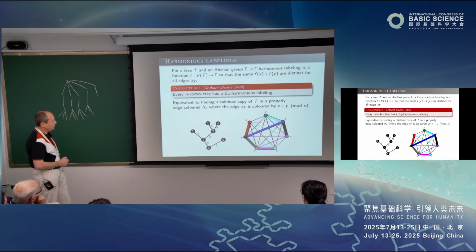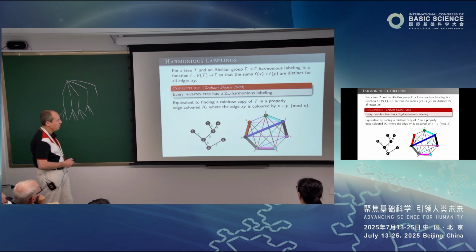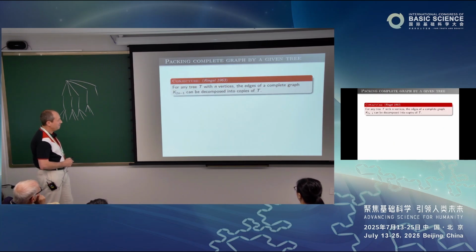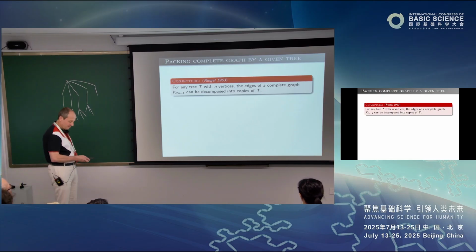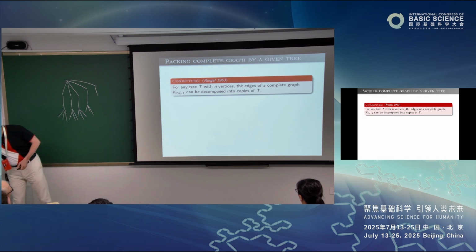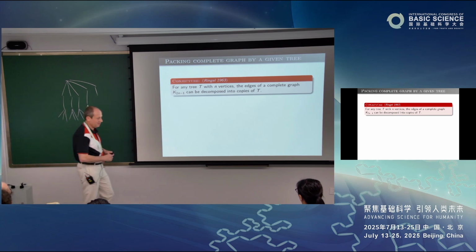Now the next problem which I want to mention comes from the area of designs or graph packings, and it's a very famous conjecture of Ringel. So what Ringel said is the following. Take a complete graph on 2n minus 1 vertices.